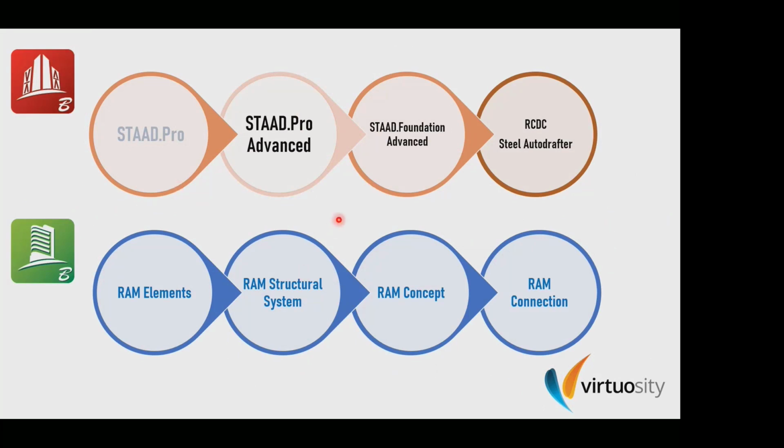This is our structural line of products: STAAD.Pro, STAAD.Pro Advanced, STAAD Foundation Advanced, RCDC, Steel Auto Drafter, RAM Elements, RAM Structural System, RAM Concept, and RAM Connection. This is our structural portfolio. We'll be more focused on the STAAD line today.